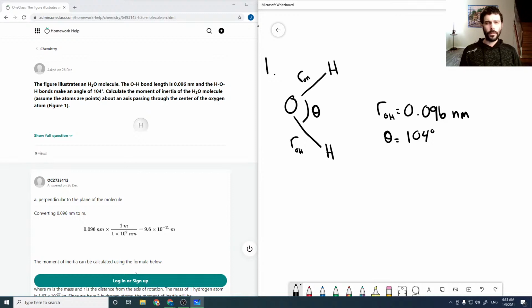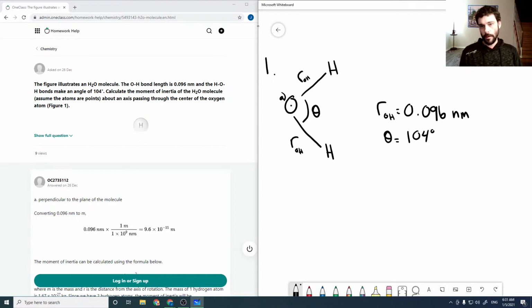And so it wants us to calculate the moment of inertia of the H2O molecule about an axis that passes through the center of the oxygen atom. It wants us to calculate it first through an axis that I've shown here, where it just goes straight through and is perpendicular to the molecule.